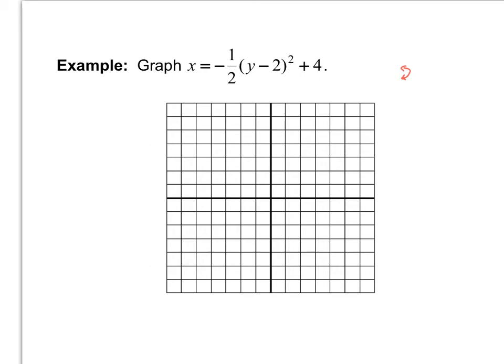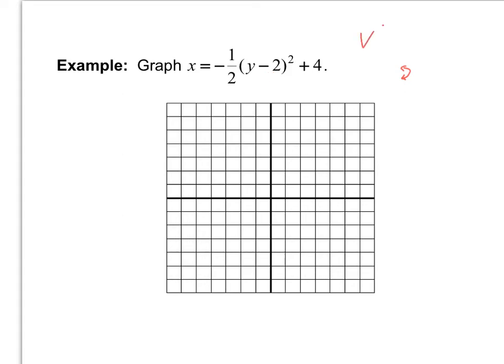Now I'm going to write down what my vertex would be. Here's where you have to be super careful because of what we're used to doing from when we studied parabolas before. Do not tell me that the vertex is 2, 4, because the y here tells me that this is going to give me the y coordinate of the vertex, not the x coordinate.